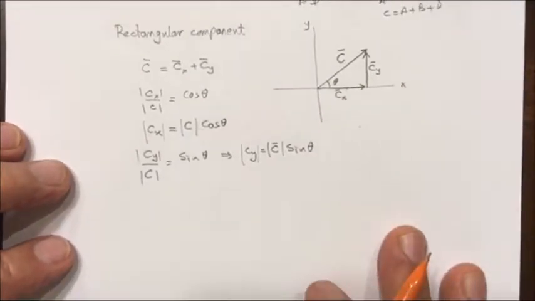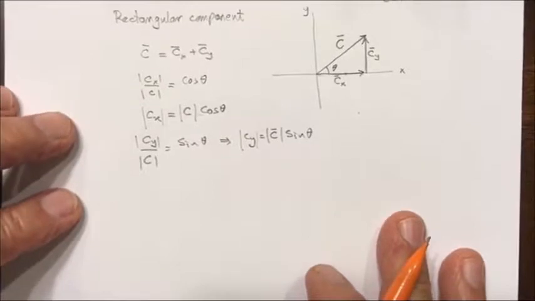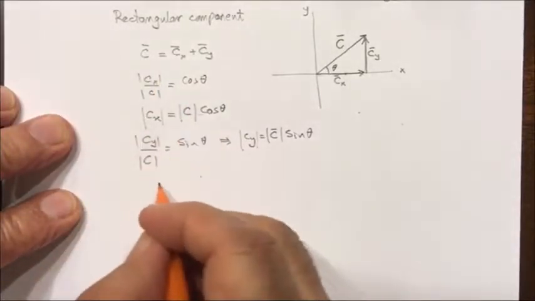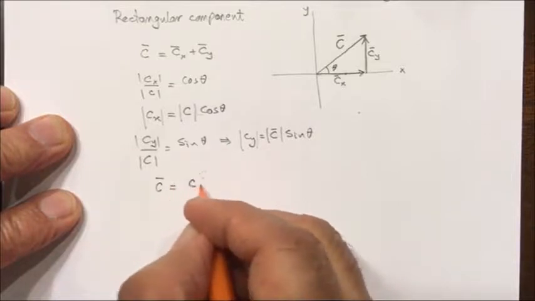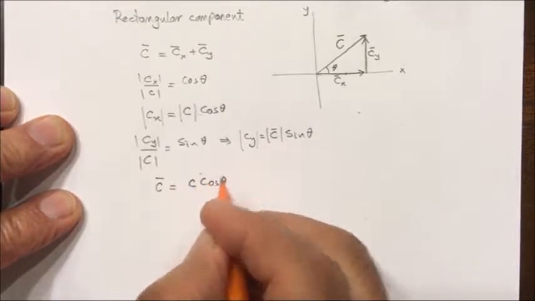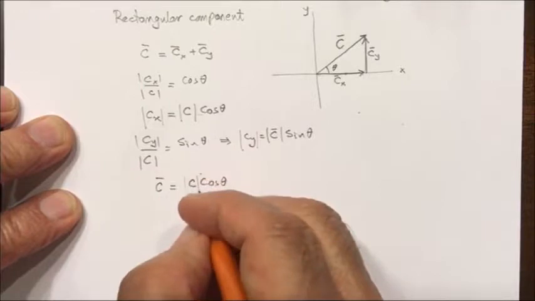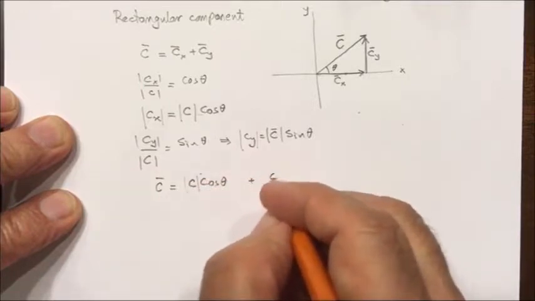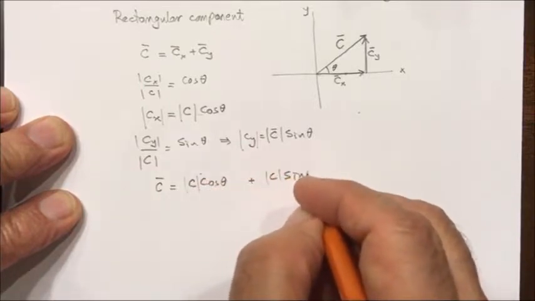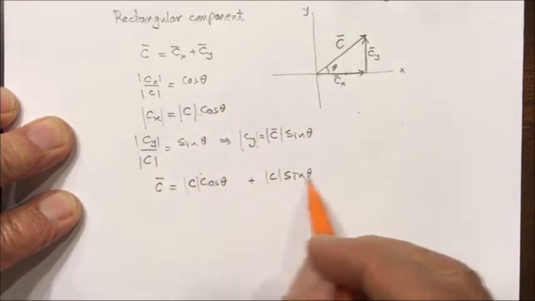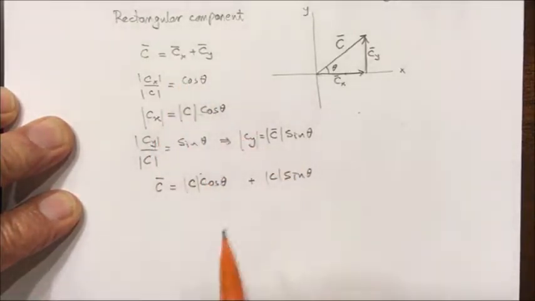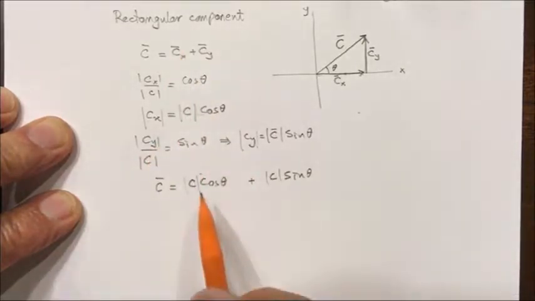And then we can simply say that the vector C is C cosine theta plus C sine theta. That's CX and CY, so I just rewrote that equation. The difference between these two equations is that this is a vector and this is a scalar.